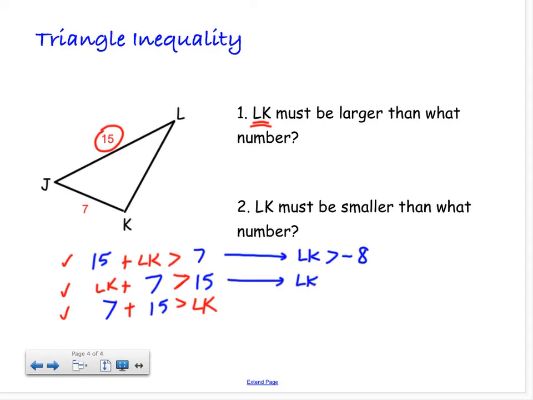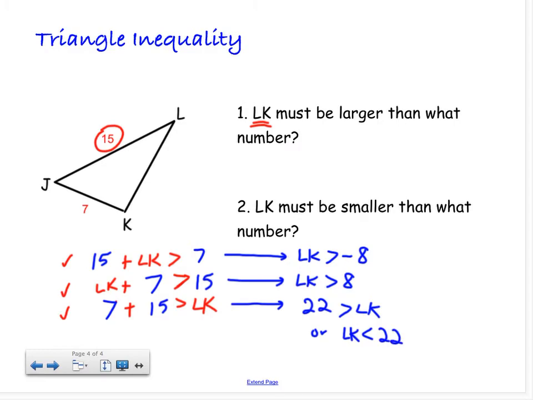LK, I'm going to subtract 7 from both sides, must be greater than 8. Okay, that's helpful. So LK must be greater than 8. And finally, 7 plus 15, so 22 is greater than LK. The other way to say that is LK is less than 22.